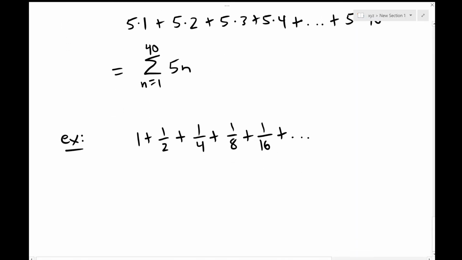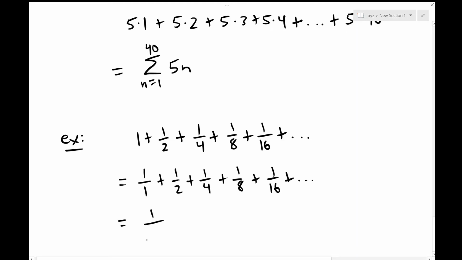But also notice that when we look at the patterns of the numbers here, I'm going to rewrite the 1 at the beginning as 1/1 to help us recognize what our pattern is. Because notice that I can think of that as being 1/2 to the 0 power. And then we have 1/2 to the first, then 1/2 squared, 1/2 to the third, 1/2 to the fourth, etc.